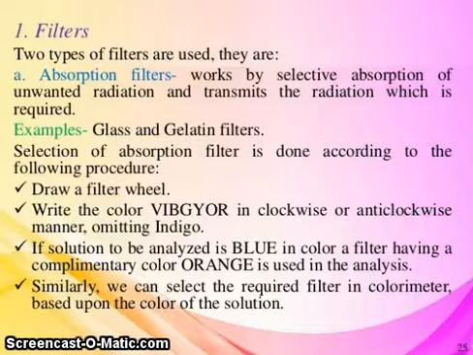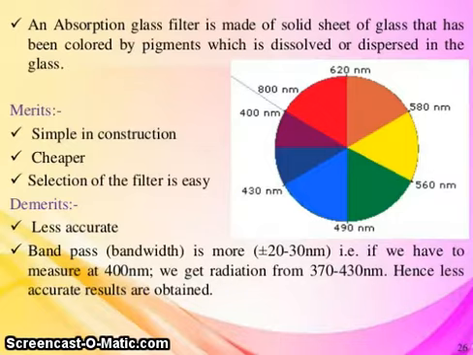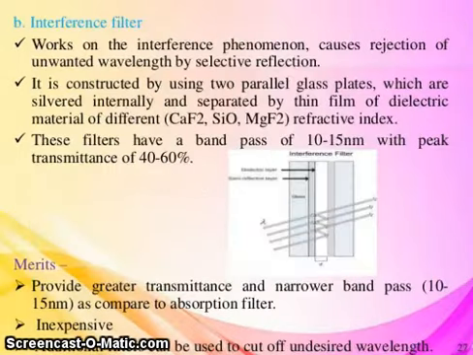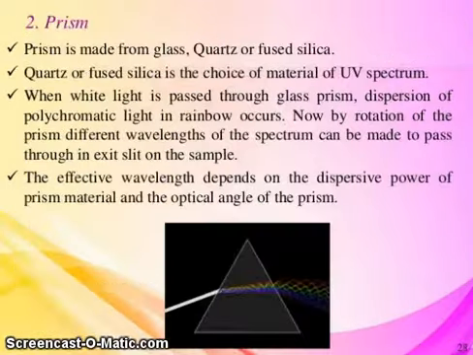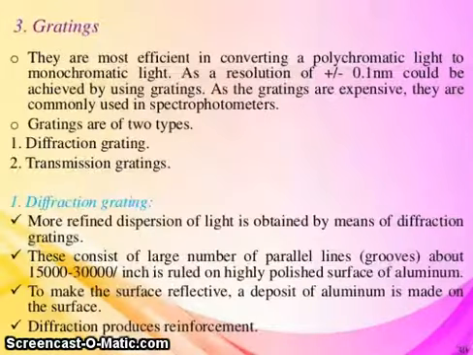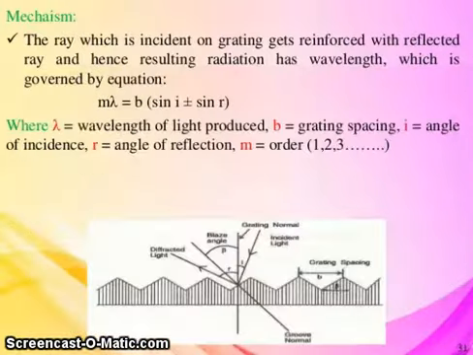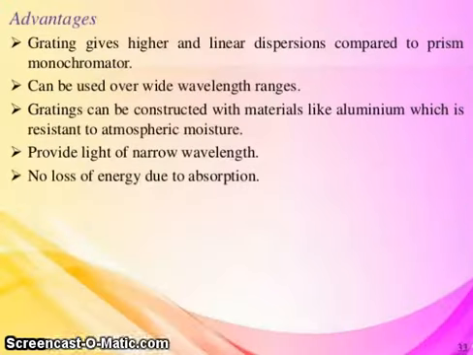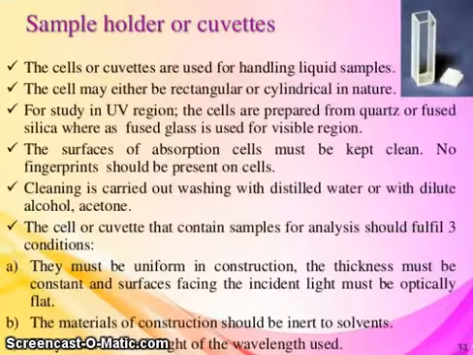Monochromators: filters, absorption filter, demerit, structure, band pass, interference filter, visible, gratings, mechanism, transmittance, and advantages. Sample holder or cuvette.